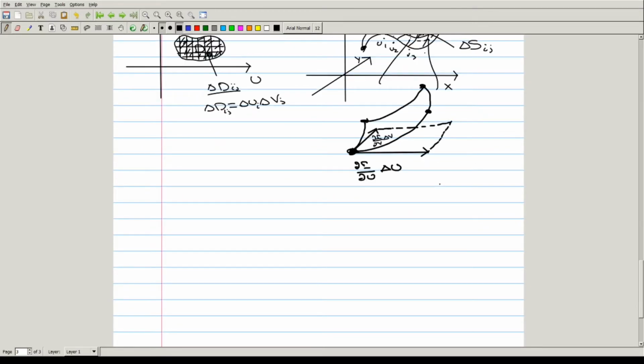that means then is that delta Sij, or delta Sij is the approximation to the actual surface area of each one of these sections. Delta Sij is going to be equal to the magnitude of the cross product of this vector right here and this vector right here.